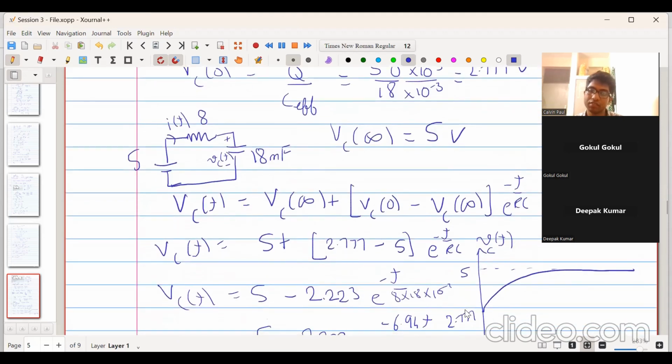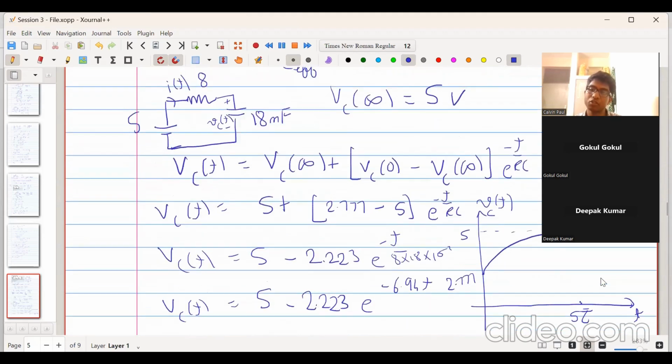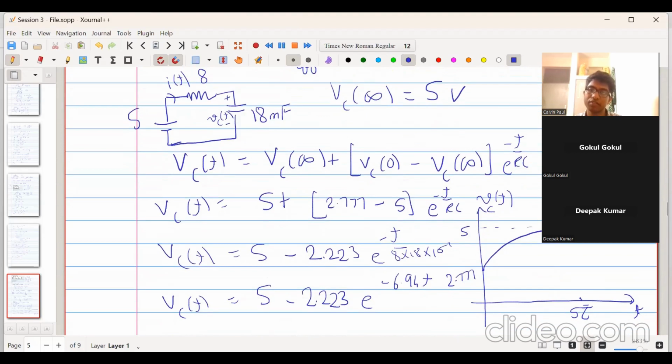Initially the voltage was 2.77 at time t equals 0, then it increases and finally attains 5 volt. That takes approximately 5 into the time constant. So that is one method we use. That's why the time constant has significance: it helps us determine how fast the circuit will reach the steady state value.